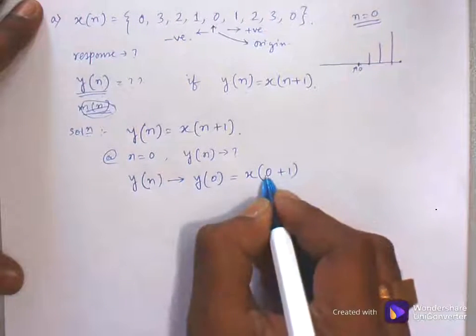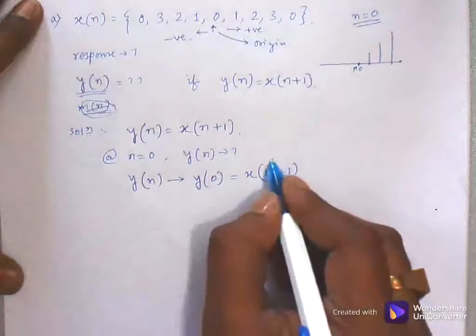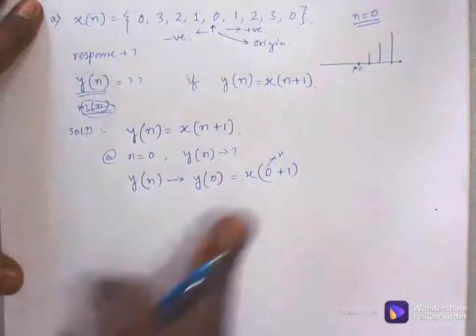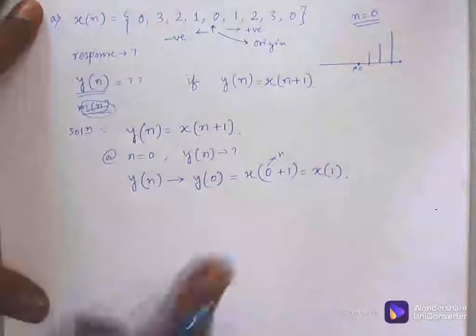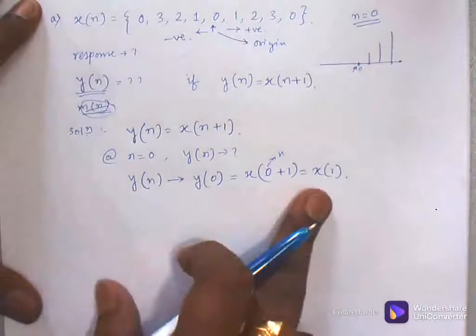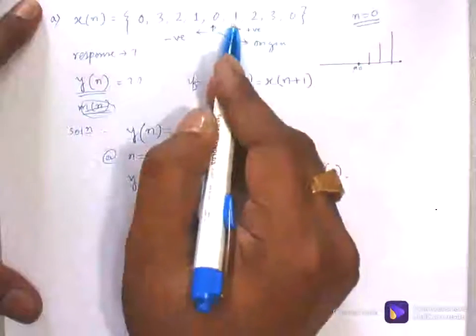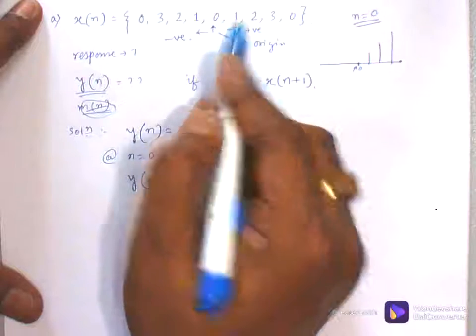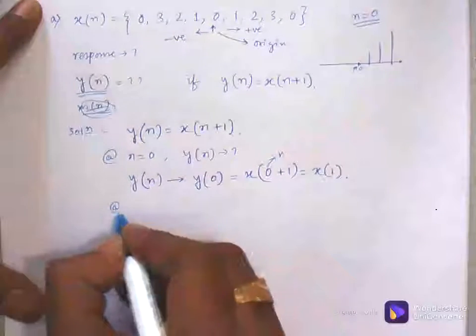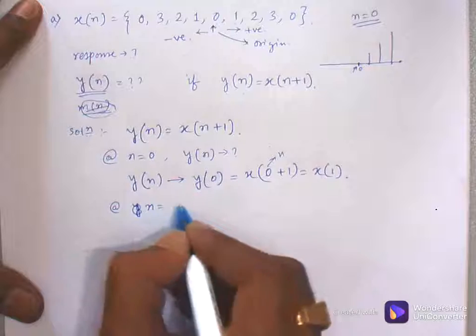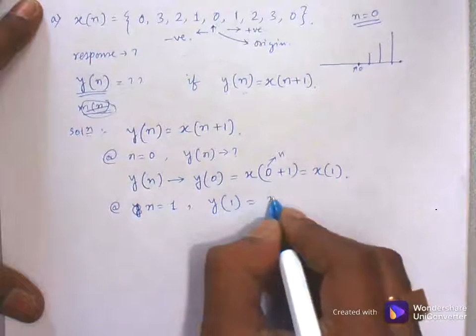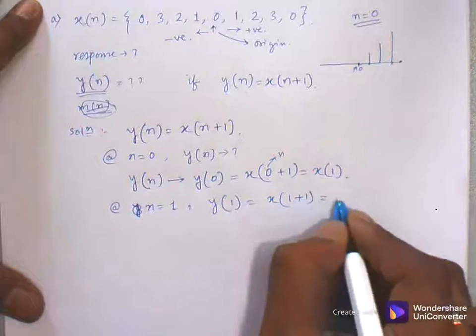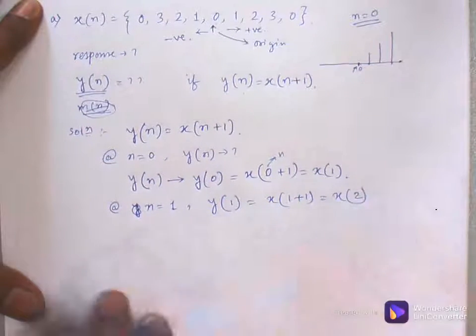Instead of n I am putting 0, so 0 plus 1, x of 1. So y of 0 equals x of 1, and x of 1 means this one, 1. At n equal to 1, y of 1 equals x of 1 plus 1, so 2.